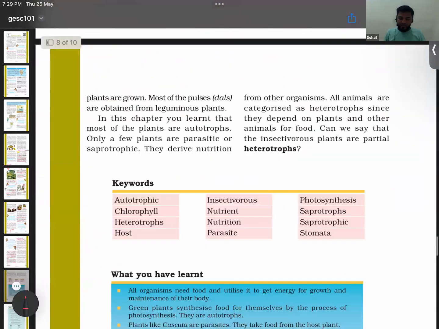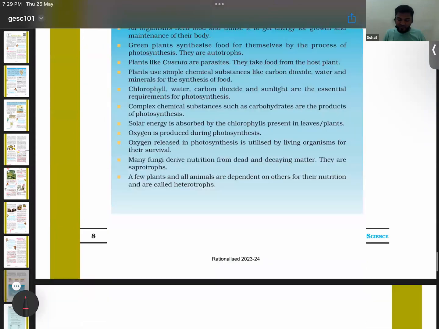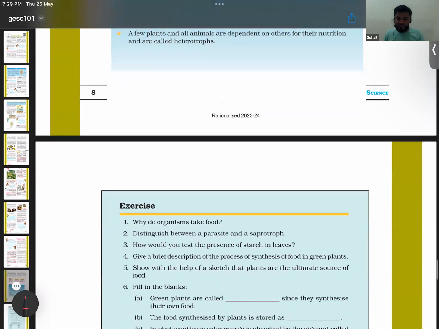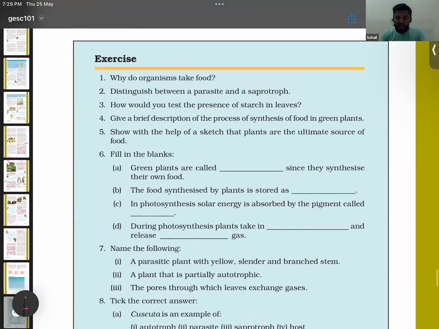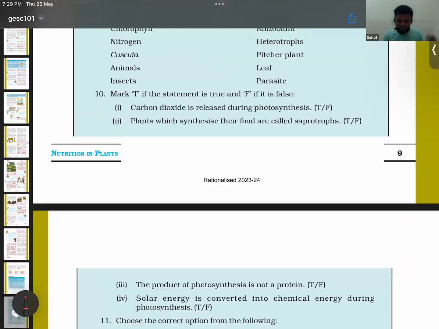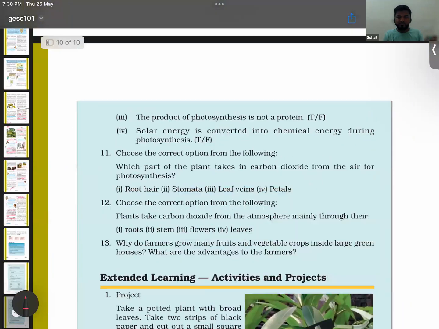Now your chapter ends here and we have got exercise work to do. Since this chapter has already been completed in your school, have you completed the exercise work, Mafaz? Yes. Okay, very good. All the questions from question number 1 to question number 13? Yes.